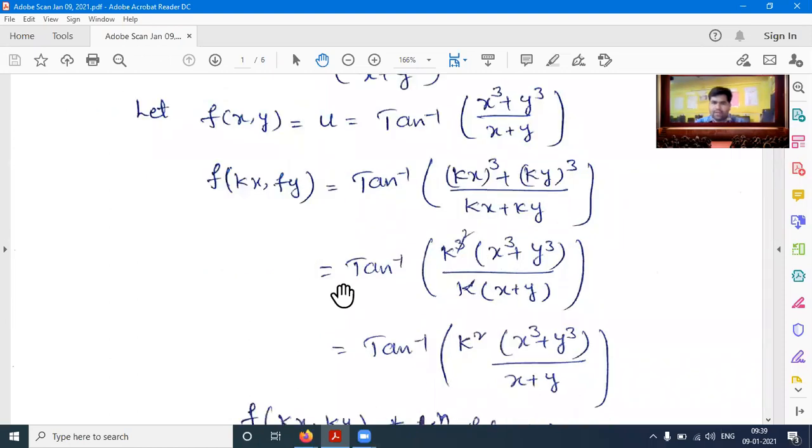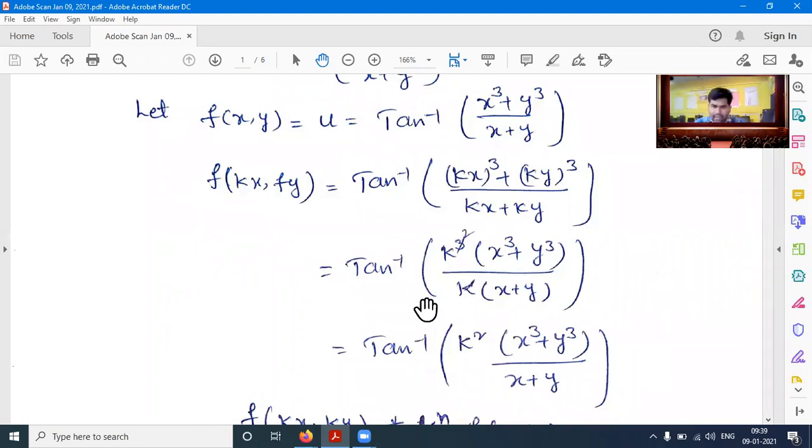So it is equal to tan inverse of k cube into x cube plus k cube into y cube divided by kx plus ky. In this k cube is common, so we take k cube as common. The remaining is x cube plus y cube divided by k into (x plus y).